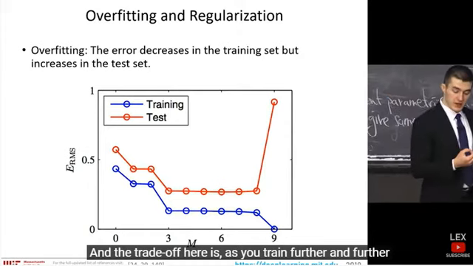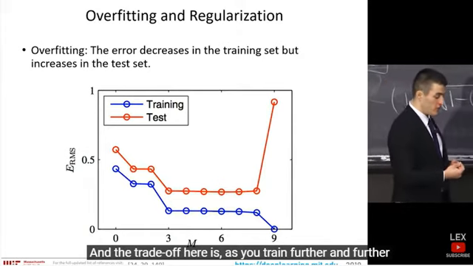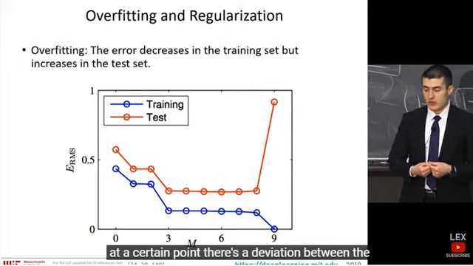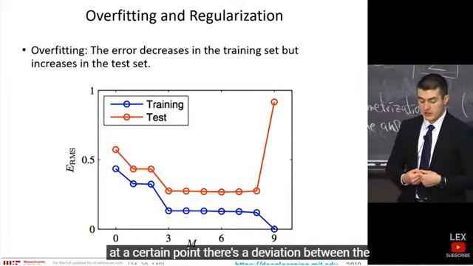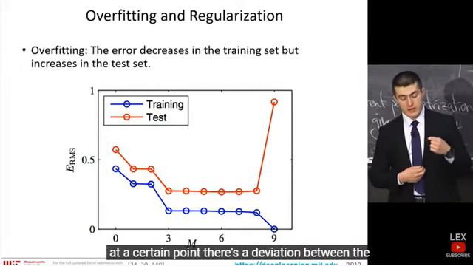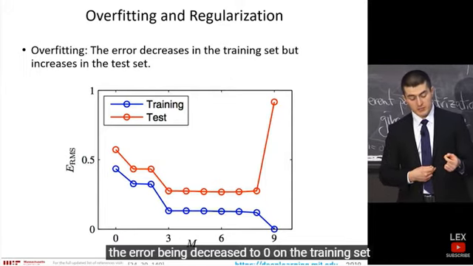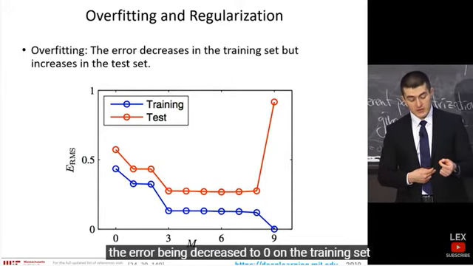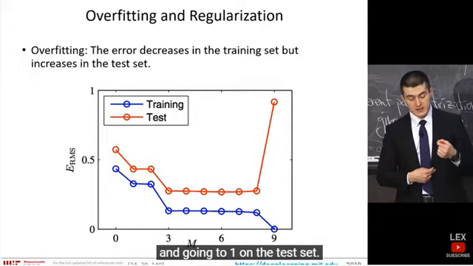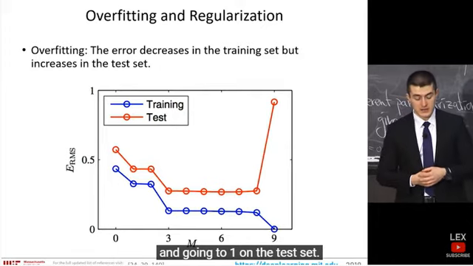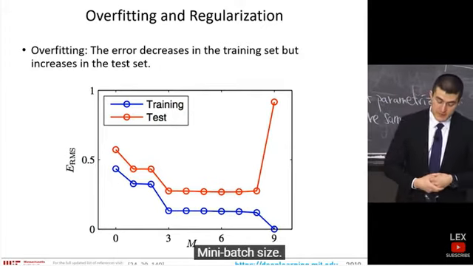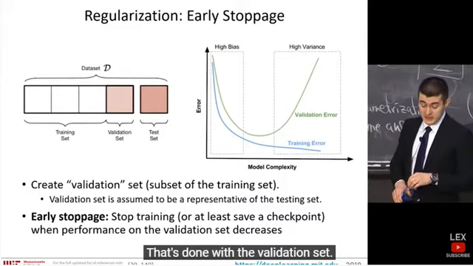And the trade-off here is, as you train further and further, at a certain point there's a deviation between the error being decreased to 0 on the training set and going to 1 on the test set. And that's the balance we have to strike. That's done with the validation set.